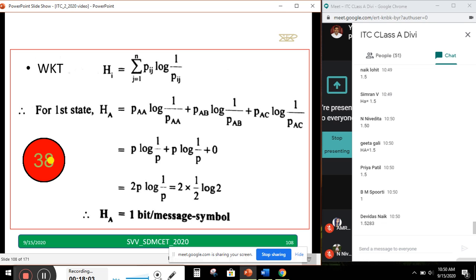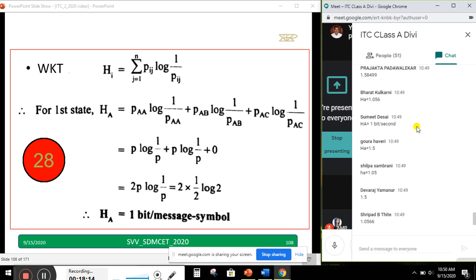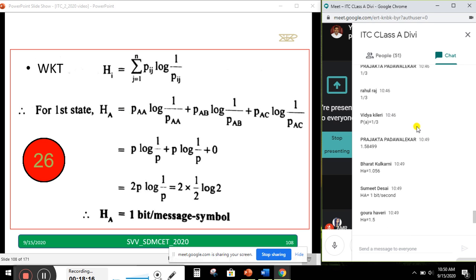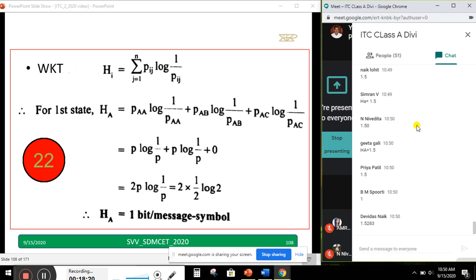Spurti has written correct, 1. Don't simply fill P everywhere. If it is there, then only you fill it. Chaitra Kulkarni has told 1. And only a few students told the correct answer. Chaitra Kulkarni and Spurti, these two students have written the correct answer. Check it.